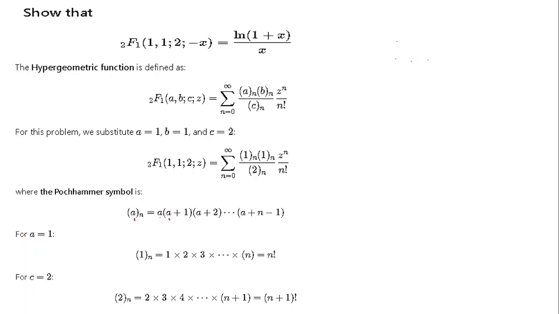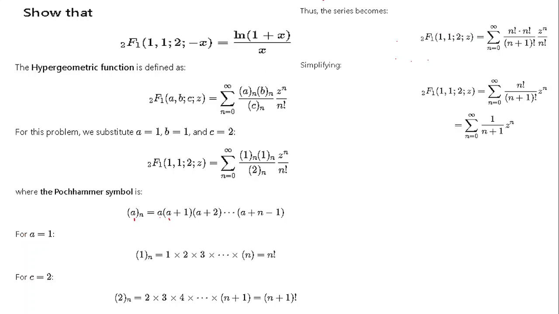Okay, let's move. So now the next thing is, therefore, our series now becomes what? We have seen that our Pochhammer symbol for this is n factorial, right? From here we have the Pochhammer symbol for here. This is n factorial, and then this one is what? N plus 1 factorial. So that's why we get n factorial, n plus 1 factorial.